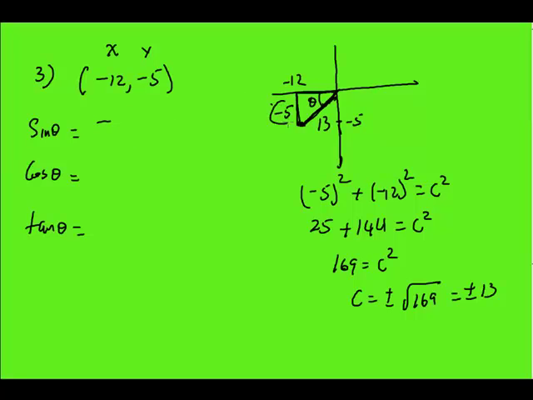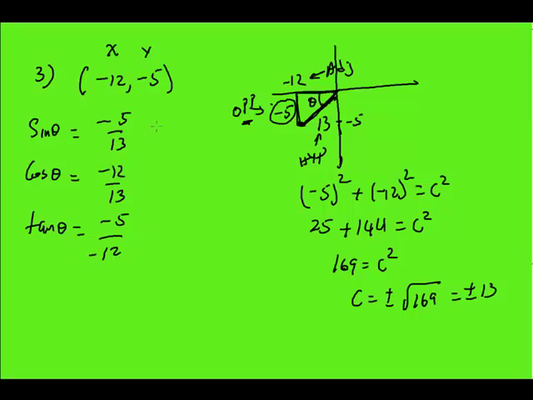Opposite is negative 5, because that's the opposite of my angle, and this is my adjacent, and this is my hypotenuse. So opposite over hypotenuse is negative 5 over 13. Adjacent over hypotenuse is negative 12 over 13. And tangent is opposite over adjacent, so it would be negative 5 over negative 12.